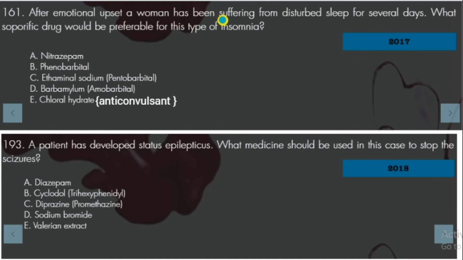After emotional upset, a woman has been suffering from disturbed sleep for several days. What soporific drug would be preferable? Soporific drug means hypnotic drug, a drug for sleep, for this type of insomnia.